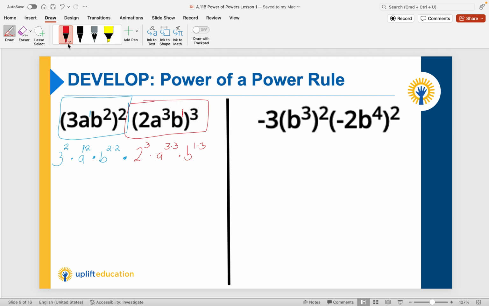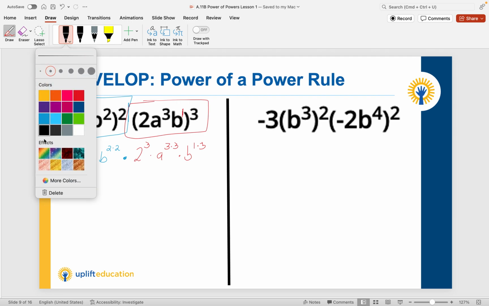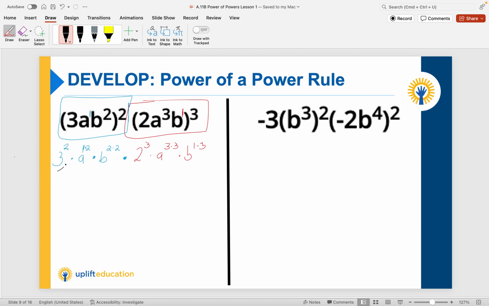So now we're going to apply that last rule where we combine, right? So our coefficients are 3 squared and 2 to the third power, which we could use our calculator to do, but I know 3 times 3 is 9, and 2 times 2 is 4, and 4 times 2 is 8. So we can literally simplify that to a 72.